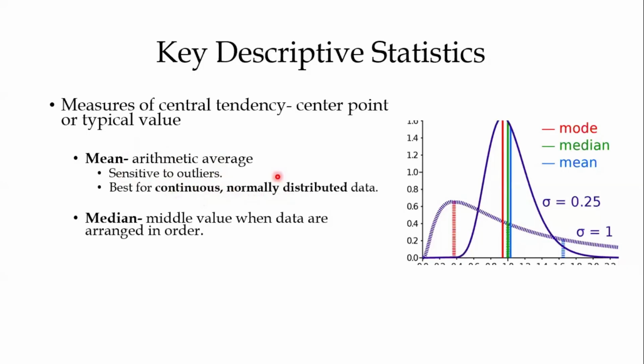What happens then if the data is not normally distributed and when you have outliers? It is then recommended that you report your data in the form of medians. Median just means the middle value, if you are to arrange the data in order. The good thing about this is that since we are not summing up the actual values, we are just organizing them in order, it's not influenced by extreme values or outliers.